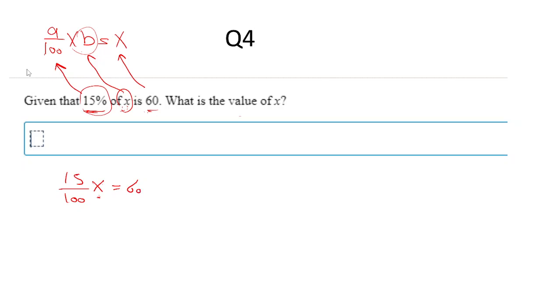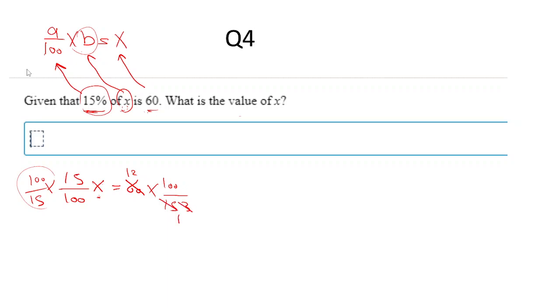So this would be 100 over 15. I multiply this one side, I have to multiply with the other side. Okay, so let's see. By 5, it will be 12. By 5 will be 3.